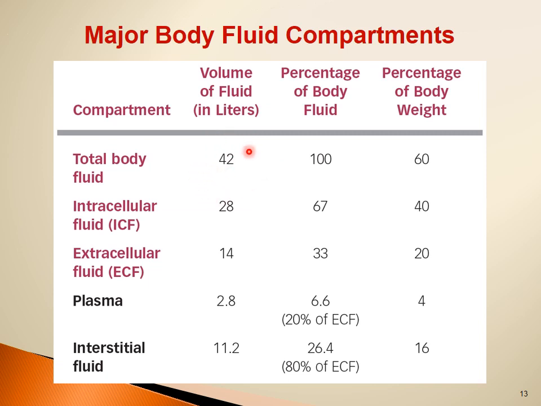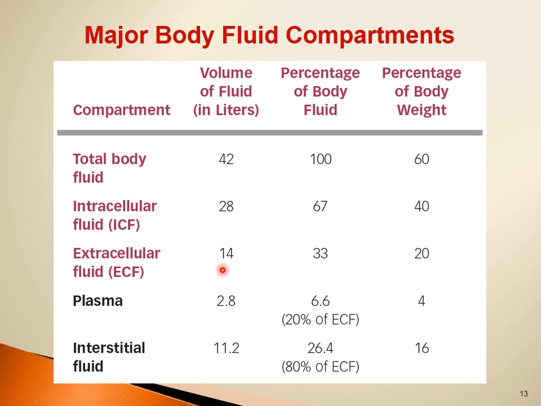Two-thirds of this 42 liters are present inside the cells, and this represents the intracellular fluid, while one-third of the 42 liters is present in the extracellular fluid, and this represents 14 liters.